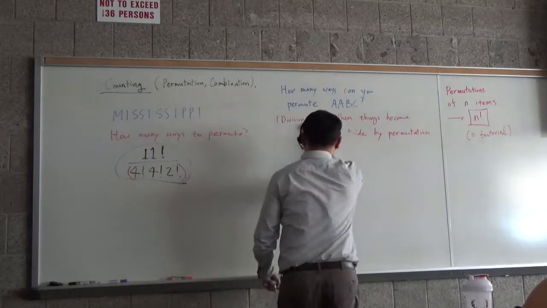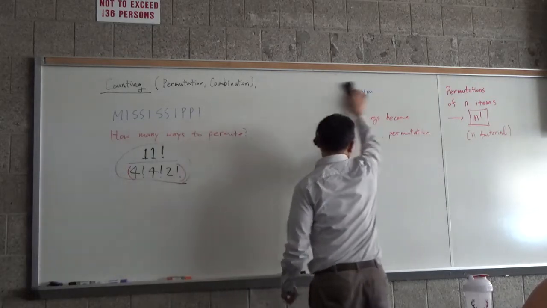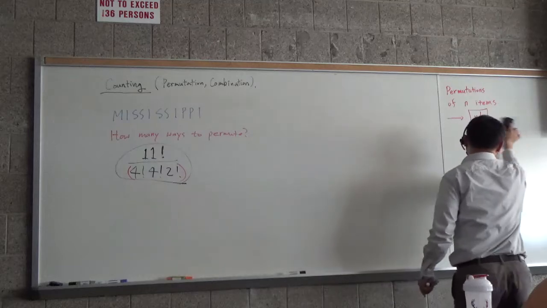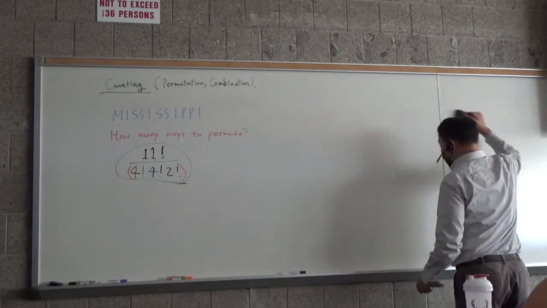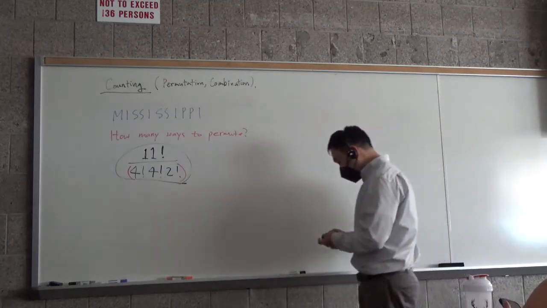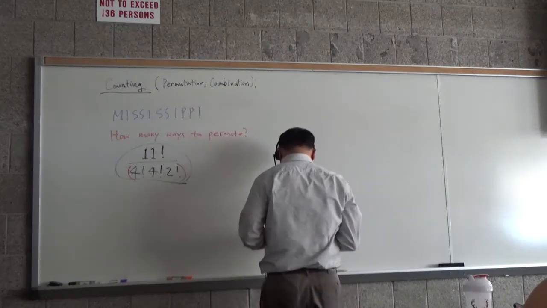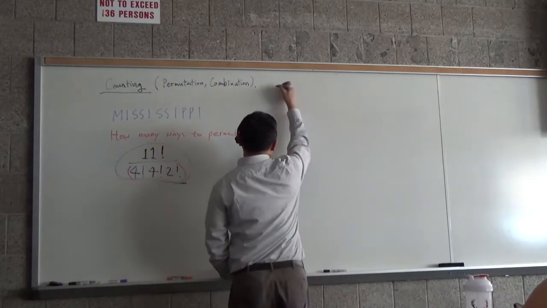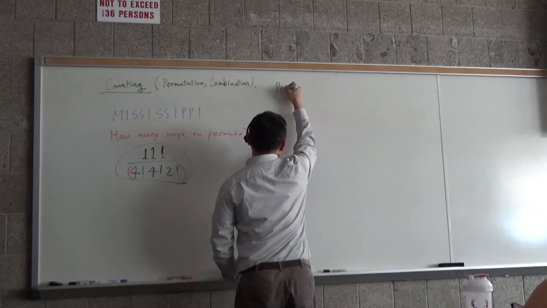All right. So after you learn the division rule, then you're ready to learn two important counting methods, which are permutations and combinations. So first, permutations.